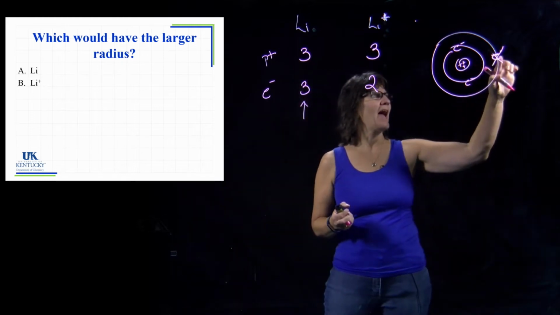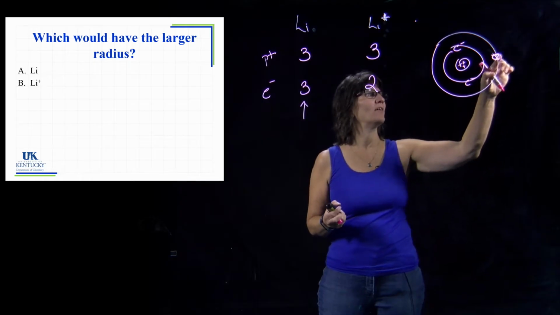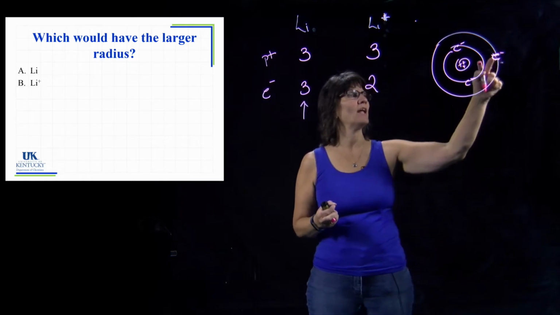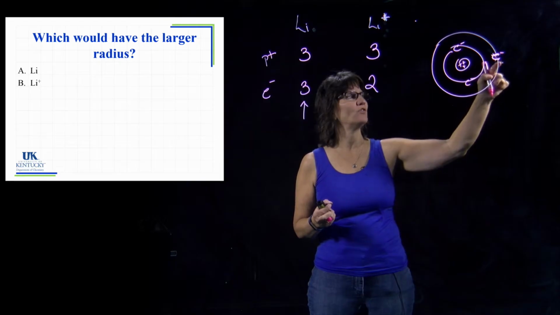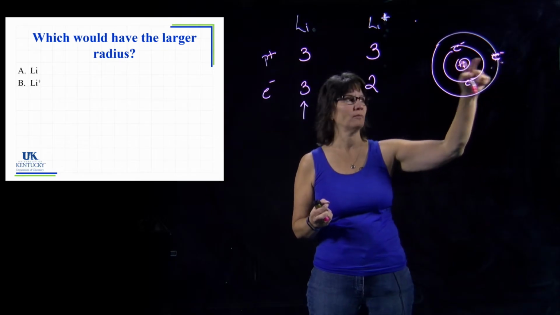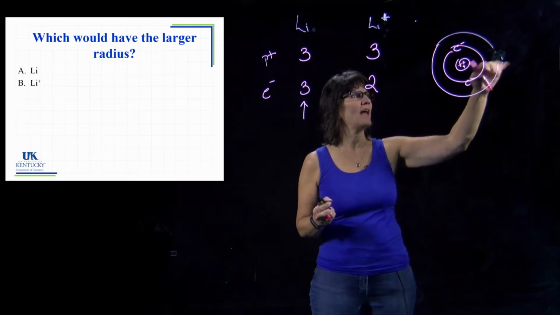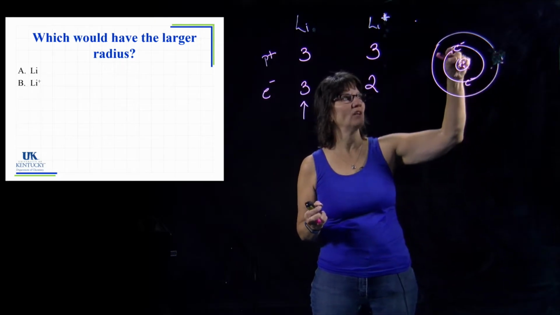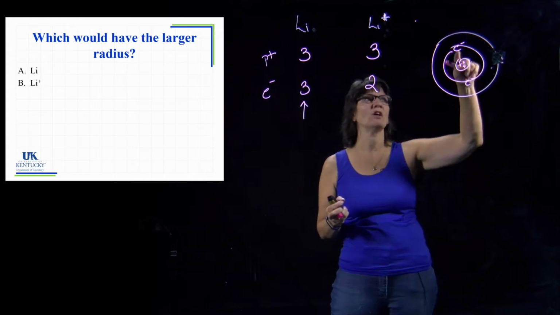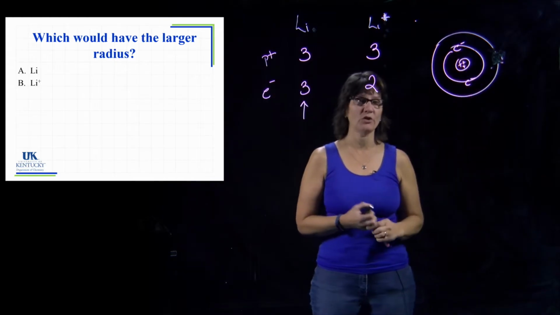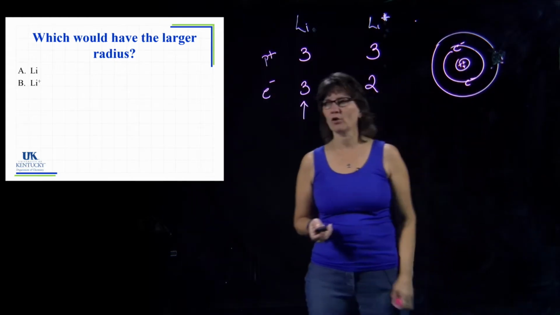Lithium the atom has that electron in there, right? It is being shielded by those. It is feeling less of a pull of the nucleus because those electrons are there. Lithium plus, we are removing that, and now we're considering just these electrons being attracted to that nucleus. They are feeling that +3 charge pretty well, and they're going to be smaller.